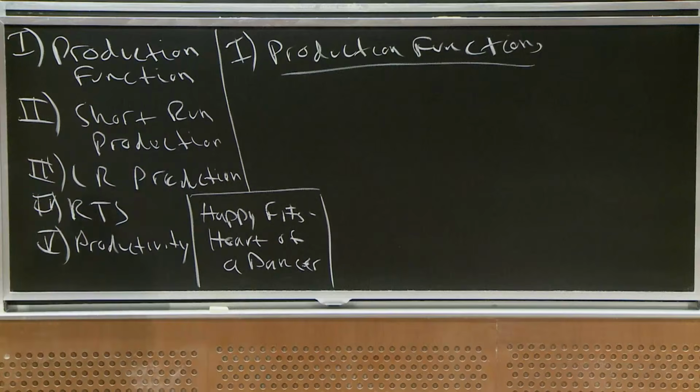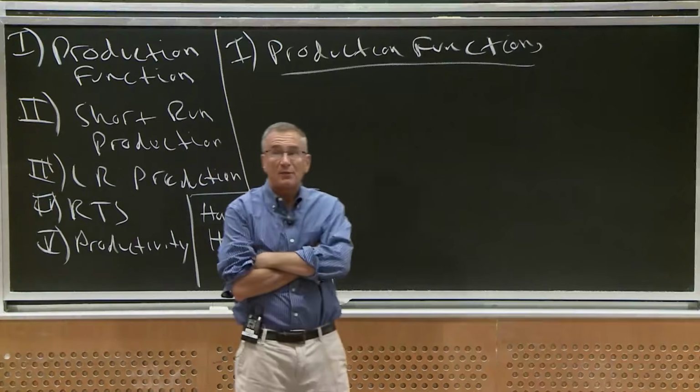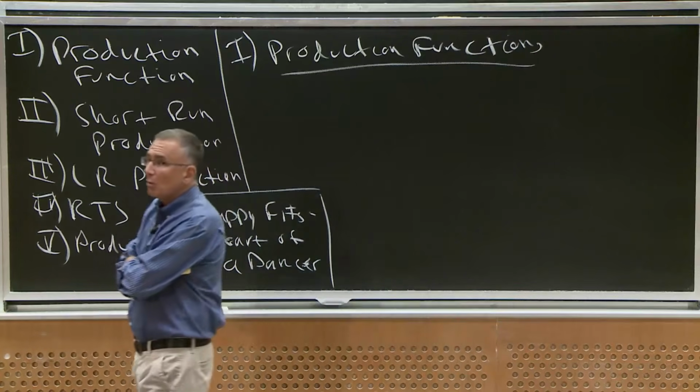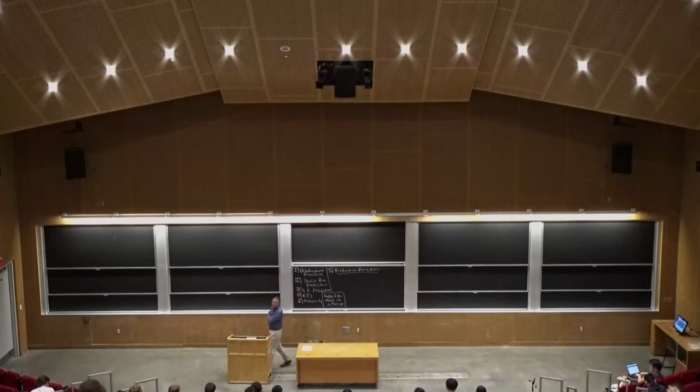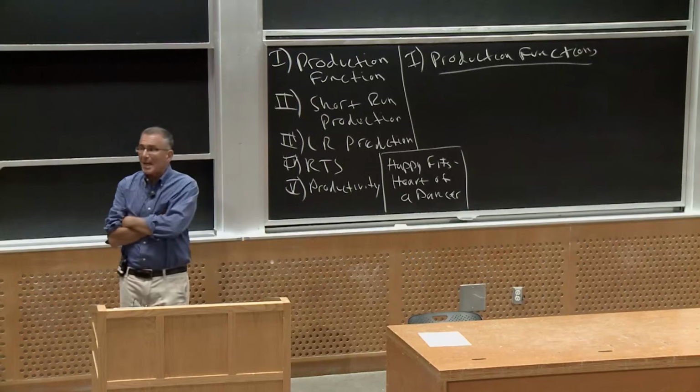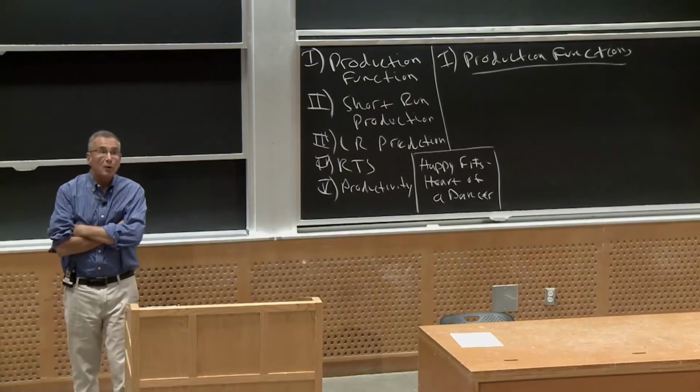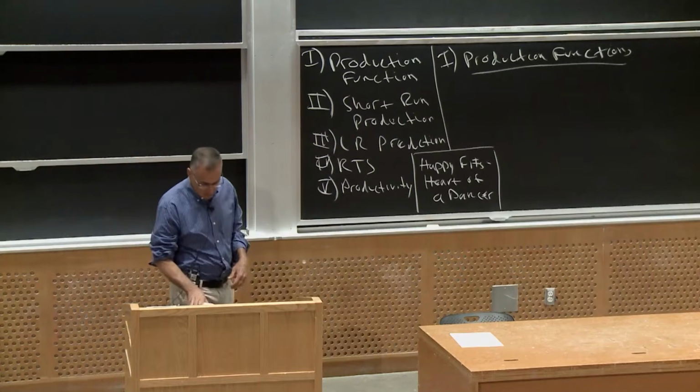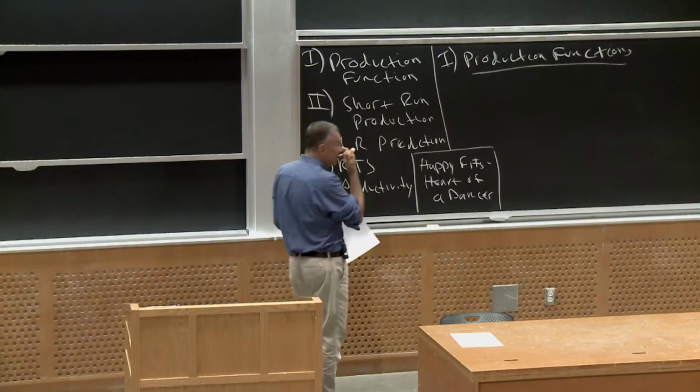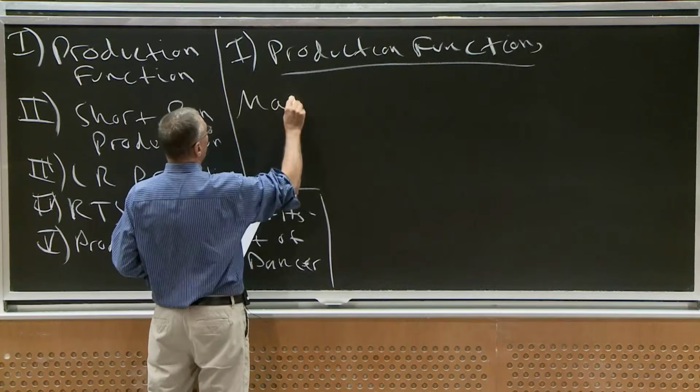Now, we all know what consumers want. They want to figure out the bundle of goods that makes them as well off as possible given their budget constraint. What do firms want? Firms want to maximize their profits. Just like consumers want to maximize their utility, firms want to maximize their profits.